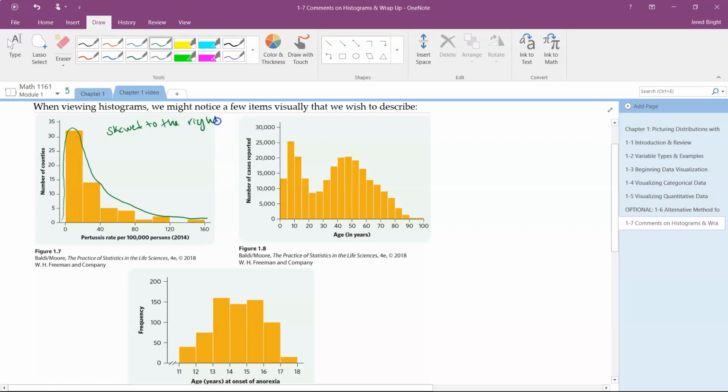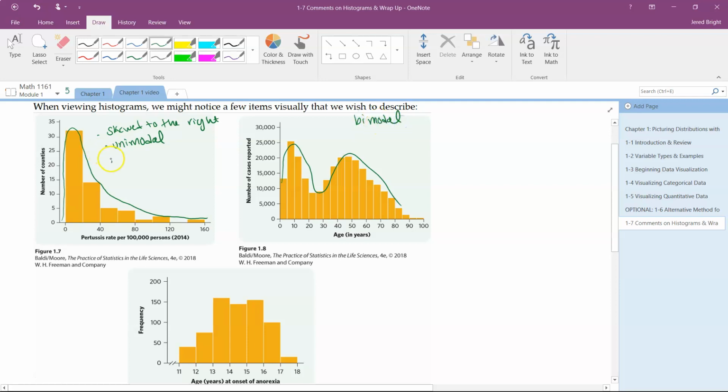Sometimes people just say right skew. There appears to be a single peak, so I'm going to call that unimodal. Two modes would be bimodal. More than 2, we would just say multimodal. So this one, for example, I see 2 humps. I would say this one is bimodal.